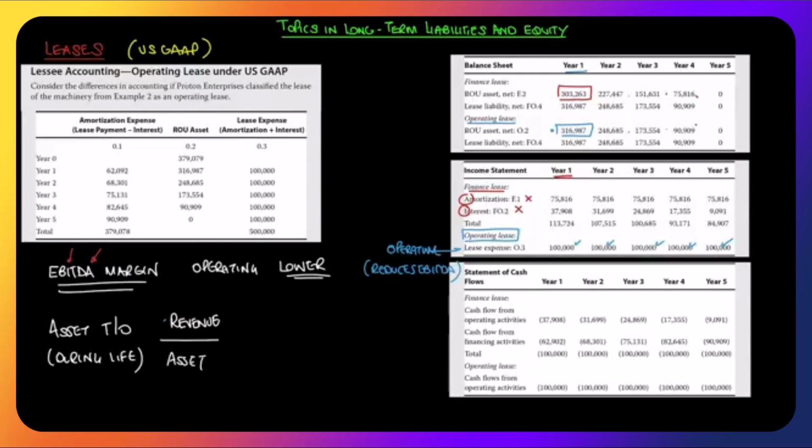Why is this? Well, it's because in the operating lease, we're amortizing that asset using the interest each year, as opposed to the straight line amortization, which is a lot higher. So my asset base at the end of year 1, 2, 3, and 4 is higher under my operating lease treatment, which means this ratio will again be lower for the operating lease treatment.